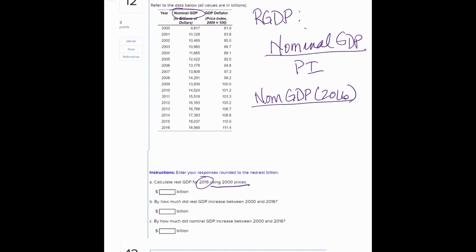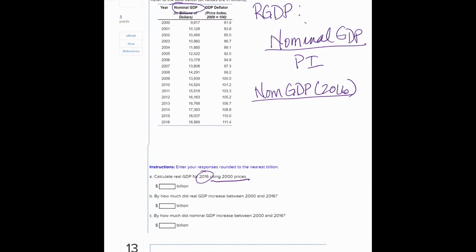And since we're using 2000's prices, instead of the price index, we're going to put the price indices for the 2 years relative to each other. So it's going to be the price level in 2016 divided by the price level in 2000.